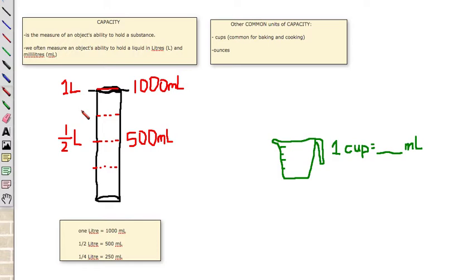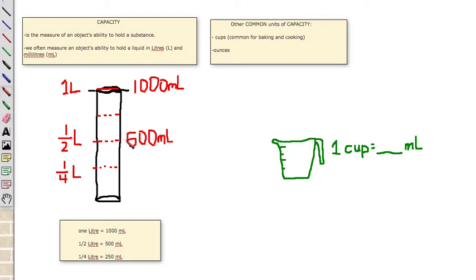If it's split up into 4 parts, what do we call those parts again? Quarters, correct. So I would represent this level of capacity as 1/4 liters, or 1/4 of a whole liter. And on this side, same thing.